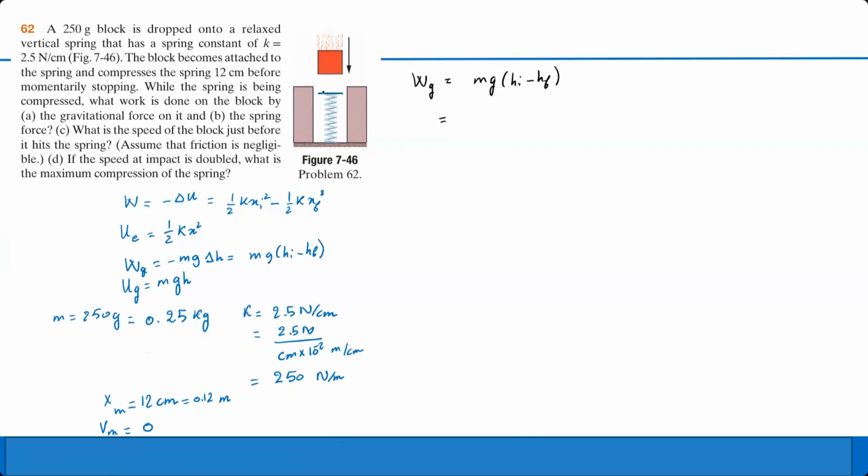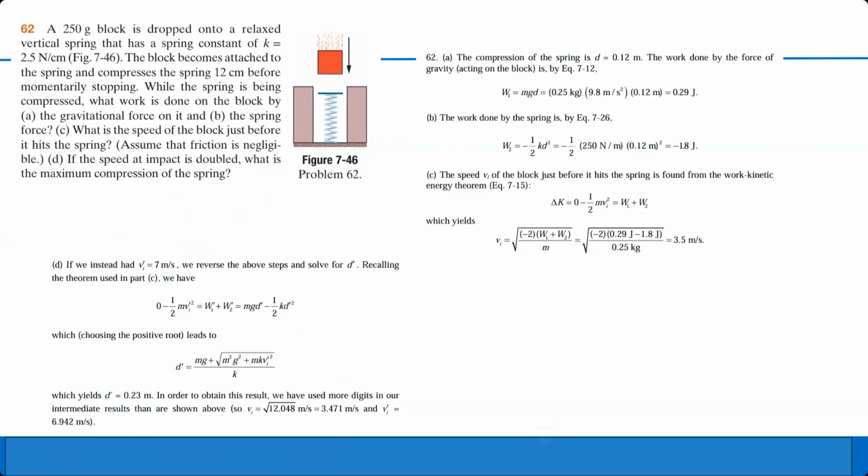Let's take the initial height to be here, just when the block touches the spring, and the final height, I'll take it here when the compression is 12 centimeters. So I can take my initial height to be my zero height.